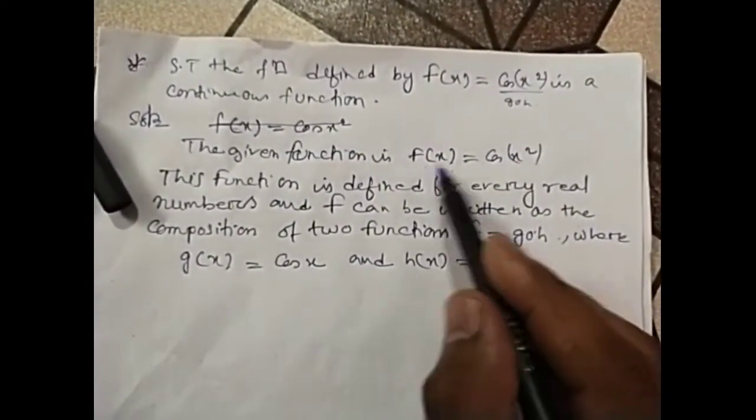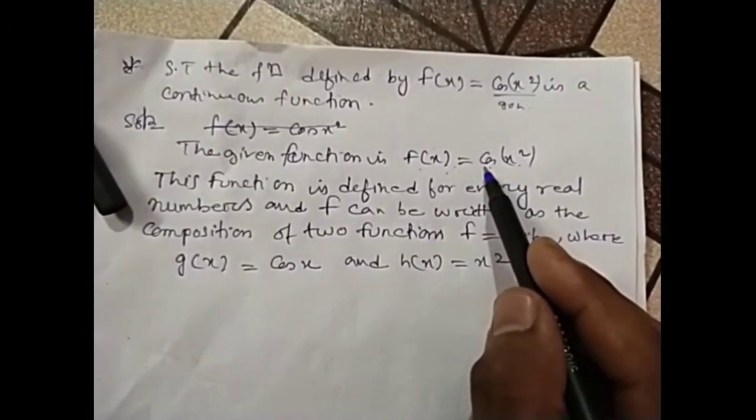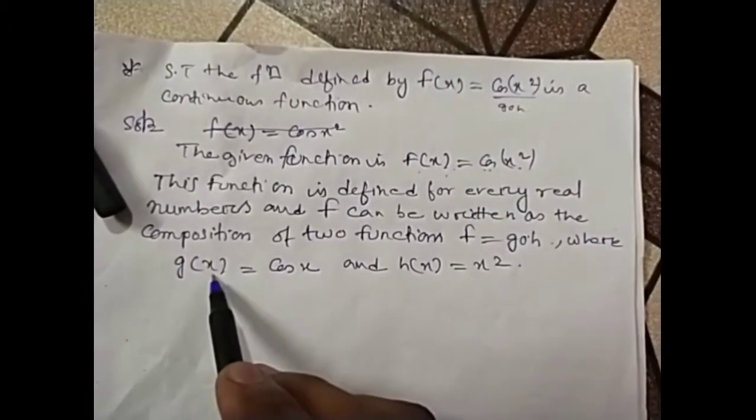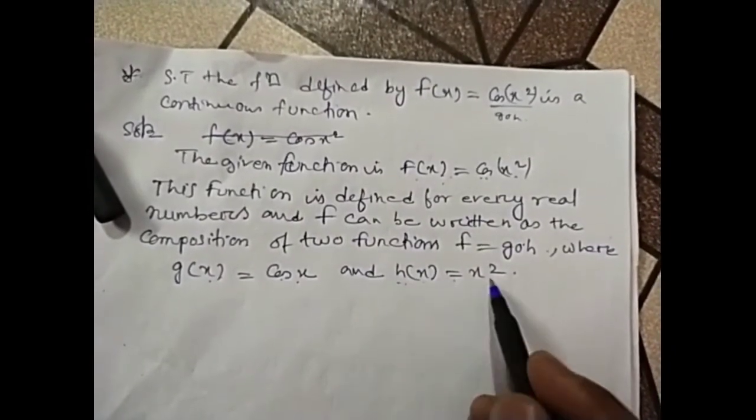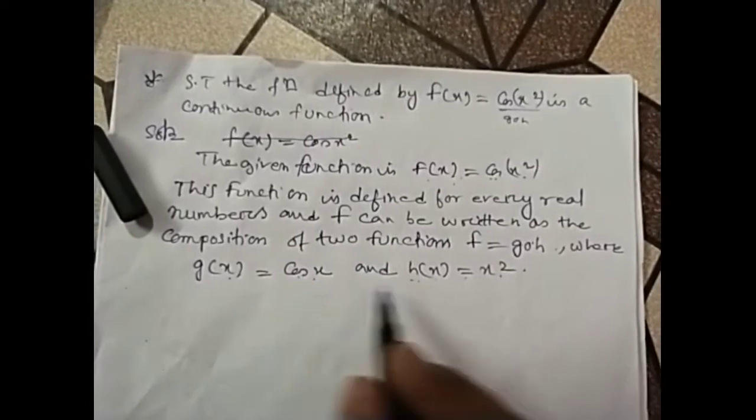Now you see f(x) equal cos of x square. Here there is a composition of two functions. The first function I have taken is g(x) equal cos x, and the second function is h(x) equal x square. Now you can prove this.